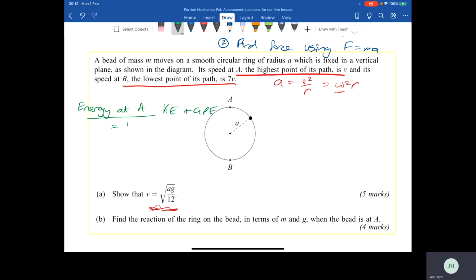Aren't many of those about. Half mv squared plus mg times by, all right, so where is our zero height? I think it makes sense to put the zero level at the bottom. Mark that on your diagram. It's going to help you if it's a particularly tricky question. It will certainly help anyone marking your work. So at A, the radius is A, so of course that total height there is 2A.